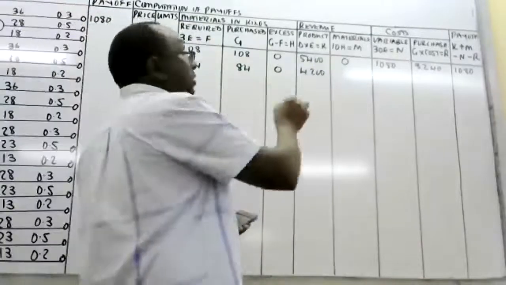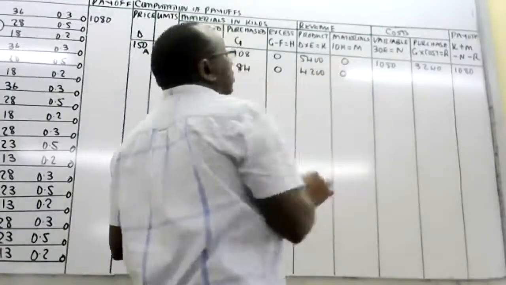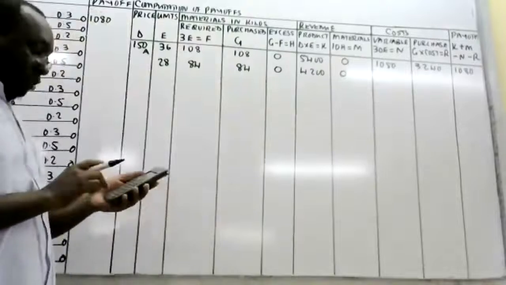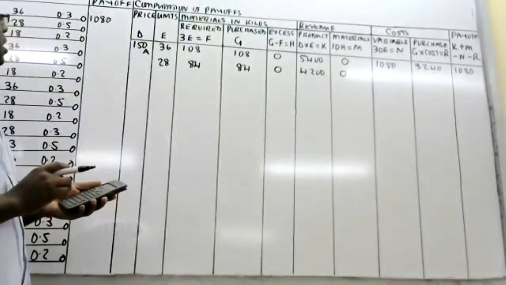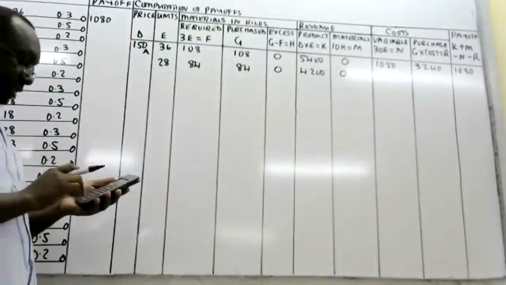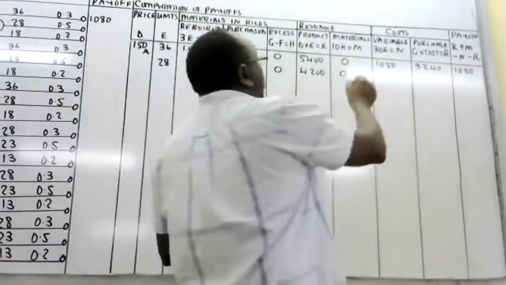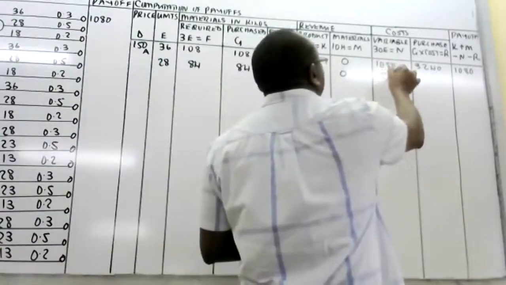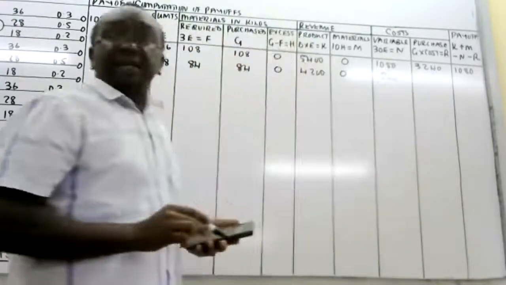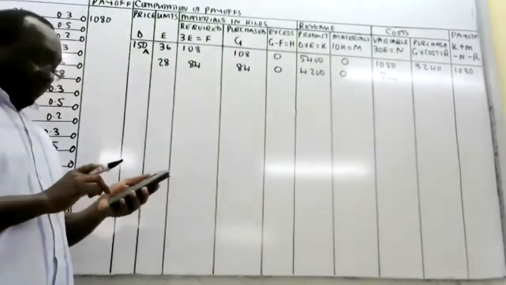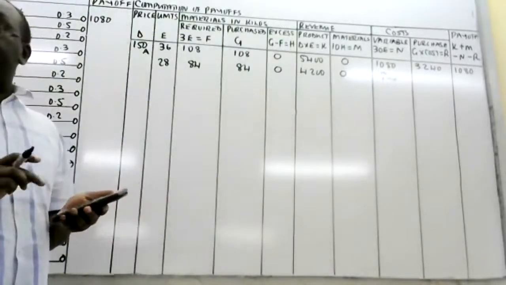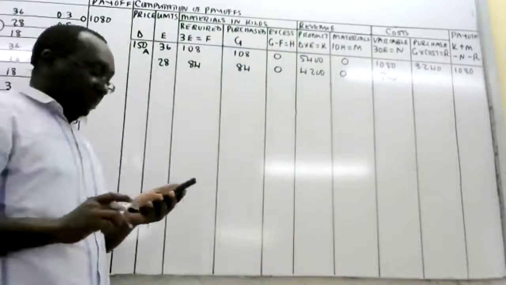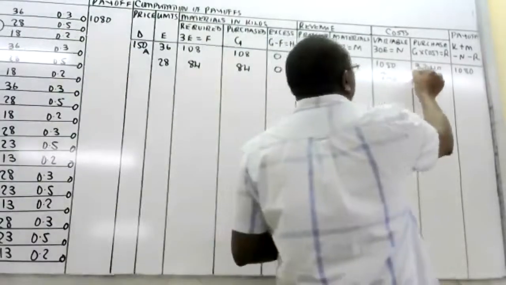The material is 0. The variable cost will be 30 times E, E is 28, that is 840. The purchase is 84 times that, because we are still under A, so that is 2,520.